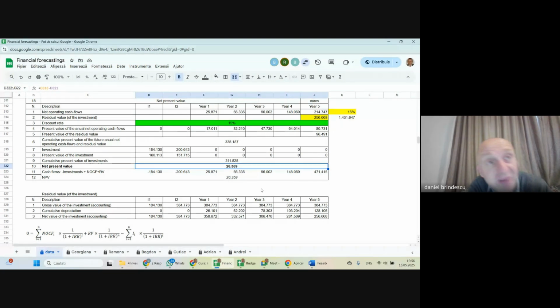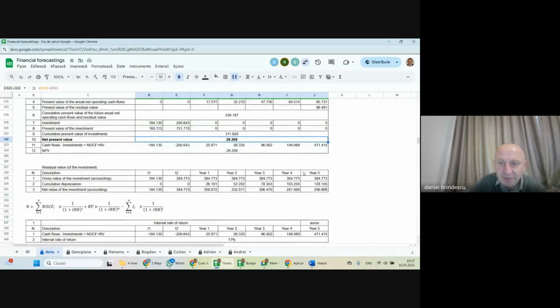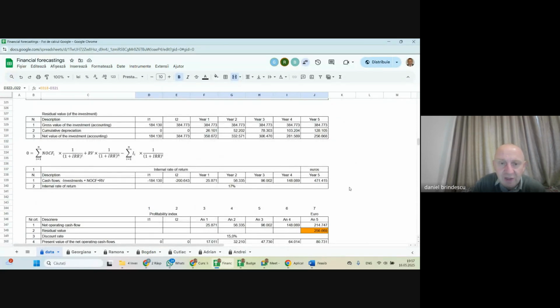But normally you would expect it to be somewhere between 15 and 25%. So I will write it down as a benchmark. I'm expecting your IRR to be between 15% and 25%.